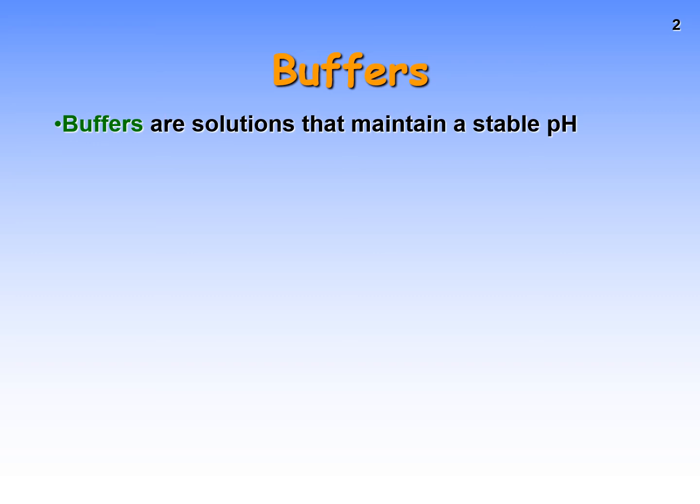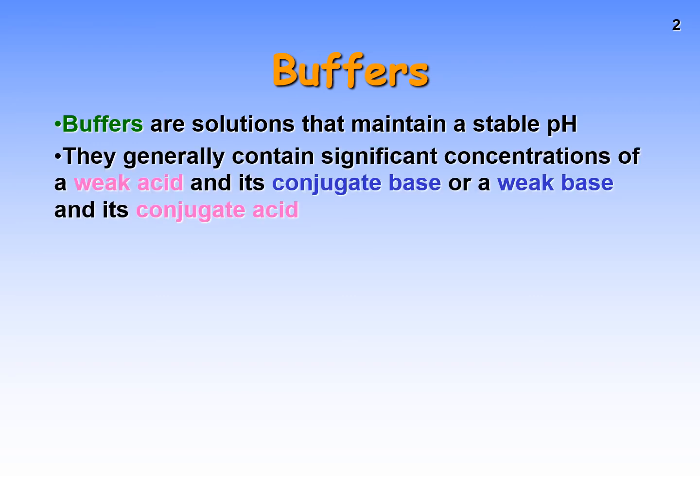Buffers are super important to a lot of systems. In biology, they keep our blood at the correct pH range. In our other organs as well, we usually have buffers throughout our body, keeping the pH at what it should be. Because if pH gets too high or too low, cells kind of die, which would be bad for us.